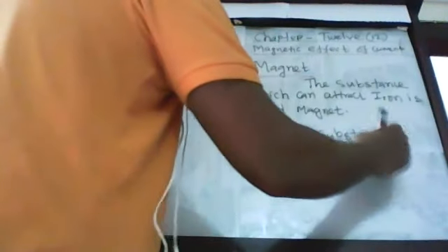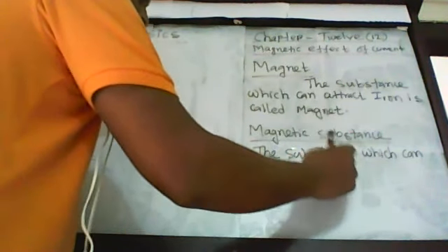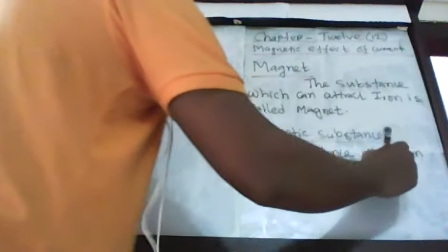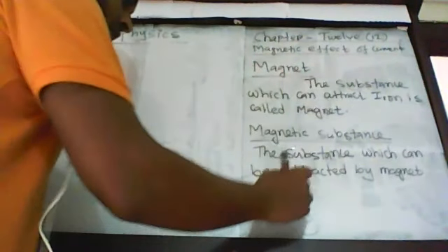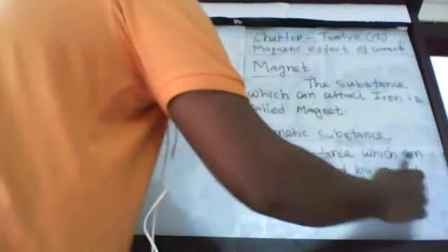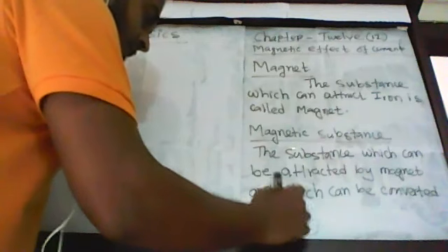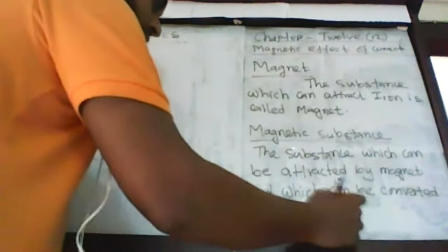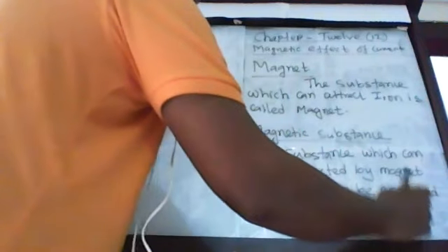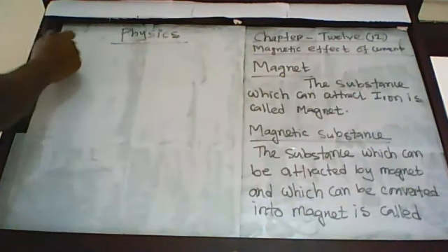So the substance which can be attracted by magnet and which can be converted into magnet is called magnetic substance.